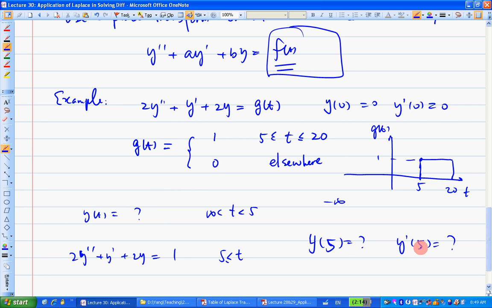So this is going to be the initial condition for the second case. Then you solve basically as usual, based on the initial condition contributed from the previous case, up to 20. Then you keep doing the next thing here. So that's how you do it, okay?